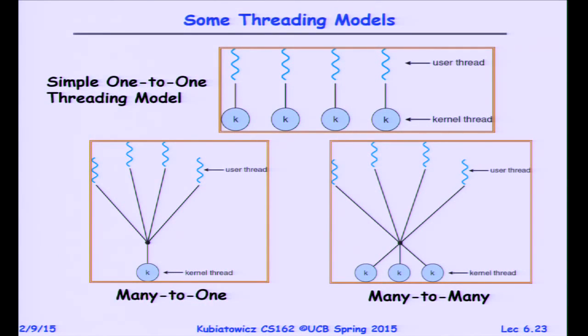But here are some threading models supported by what I just showed you. The simple idea is that every user thread has a kernel thread associated with it. Kernel threads are threads that are being multiplexed by the kernel. User threads run on behalf of those kernel threads. This is really the model we've been talking about: a one-to-one association between kernel and user thread, and every thread gets scheduled entirely by the kernel. These other ones are kind of interesting.